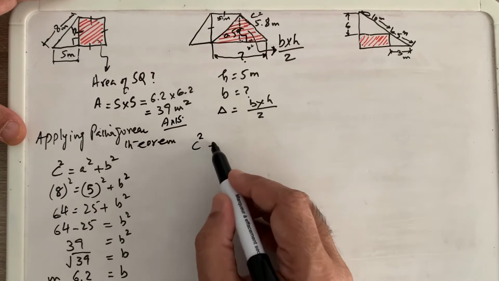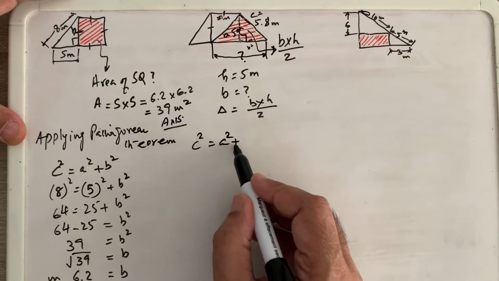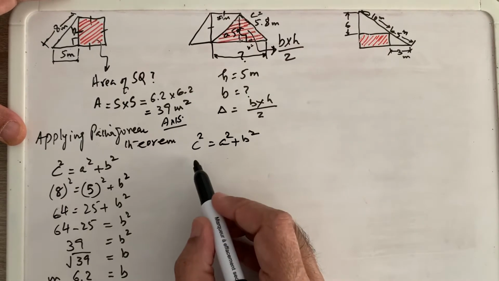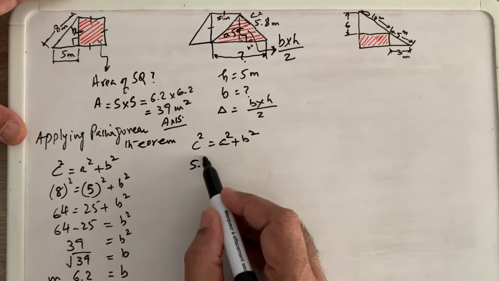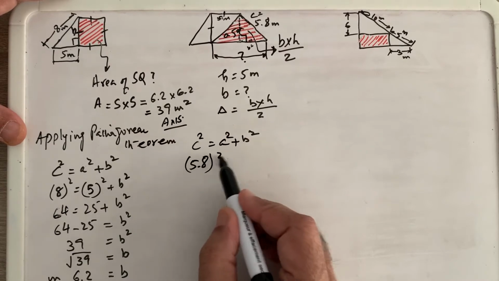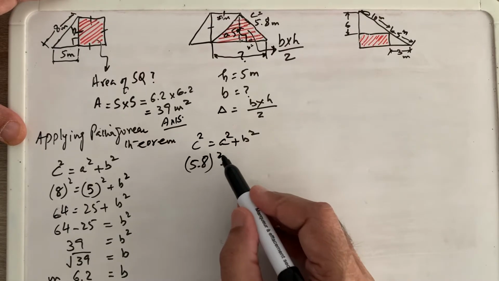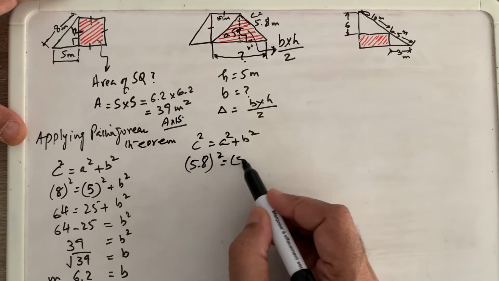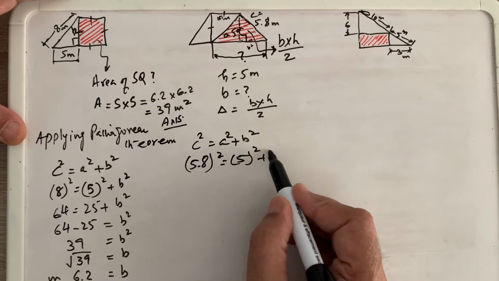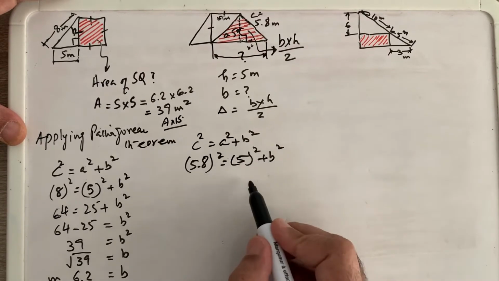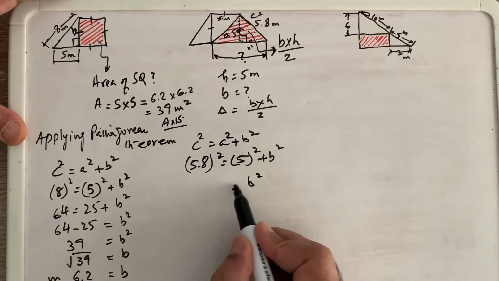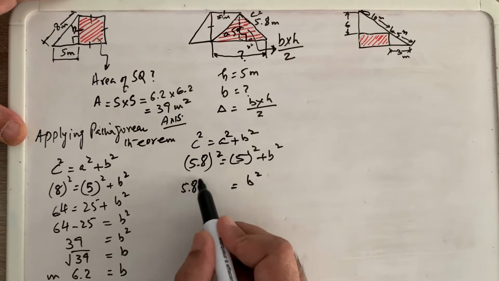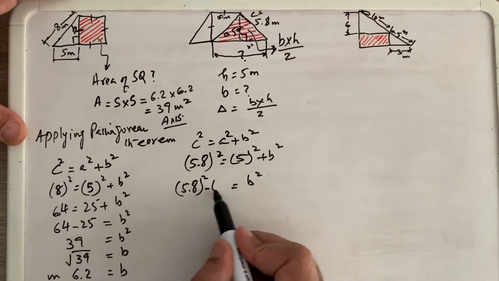The Pythagorean theorem says c square is equal to a square plus b square. That means c in this case is 5.8 whole square, equal to a square, which is 5 square, plus b square, right? So b square will be equal to 5.8 whole square minus 5 whole square.